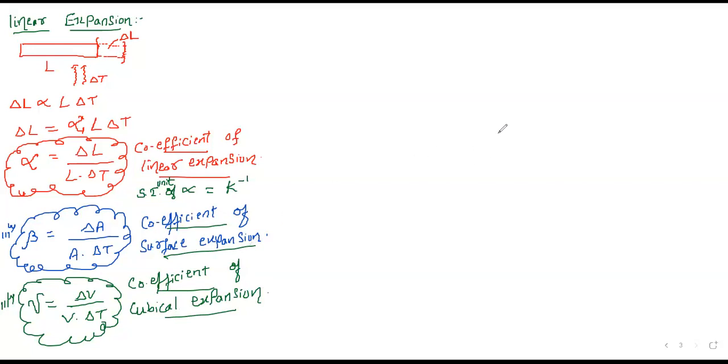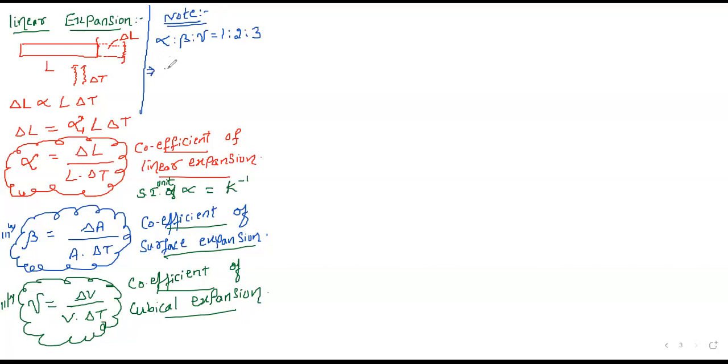Now, there is a relation between alpha, beta, and gamma. Please remember, what is the relationship between alpha, beta, and gamma? Alpha is to beta is to gamma is always in the ratio 1:2:3, because alpha talks about 1 dimension, beta talks about 2 dimension, gamma talks about the 3 dimension.